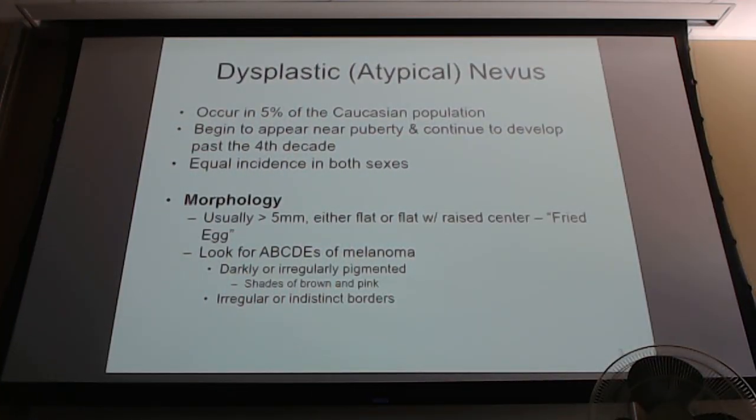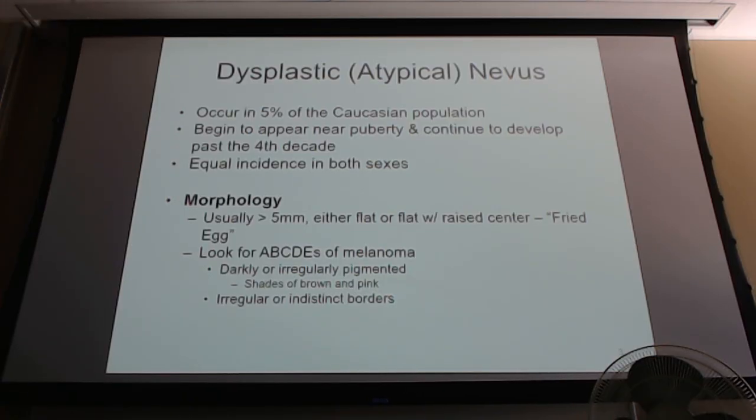Usually these things are greater than 5 millimeters. They can be flat, or they can have some of that elevated stuff in the center or middle of that nevus, a raised center that looks like a fried egg. So we will see those things.